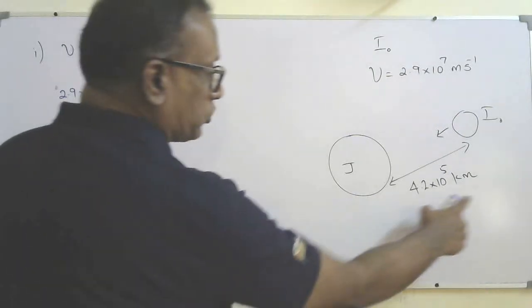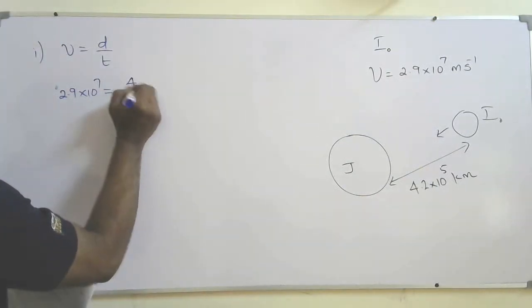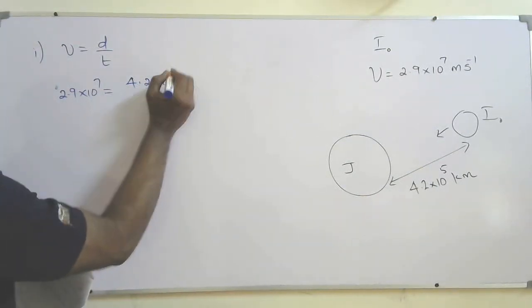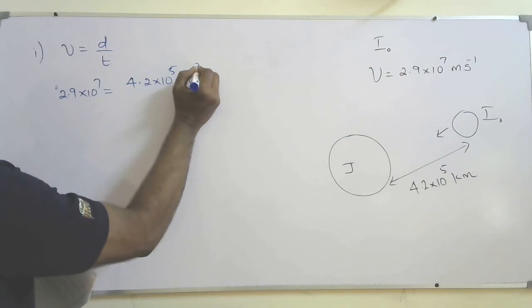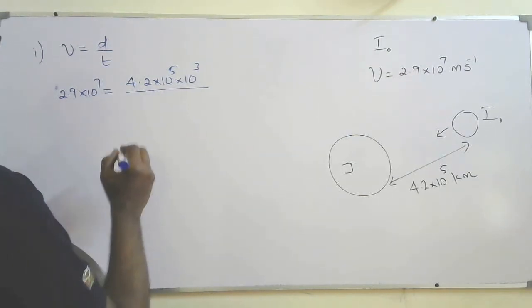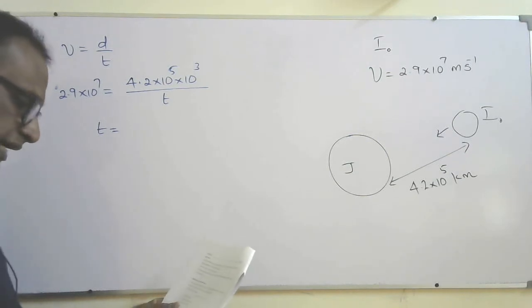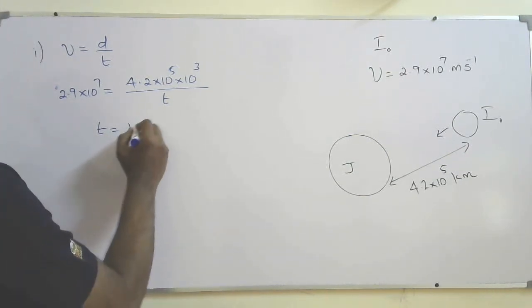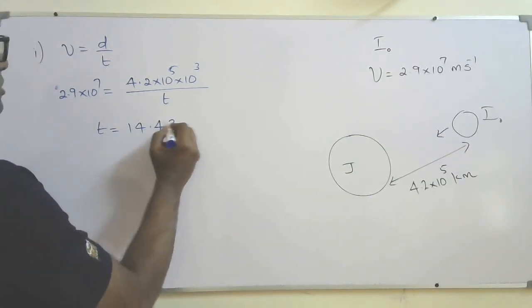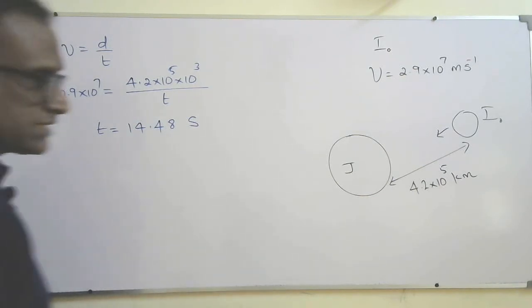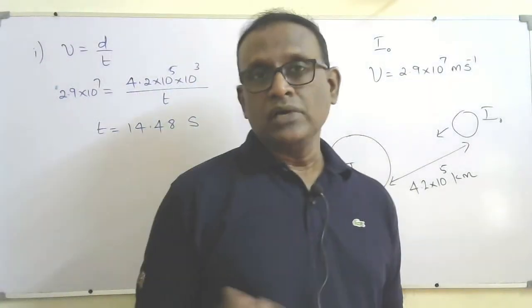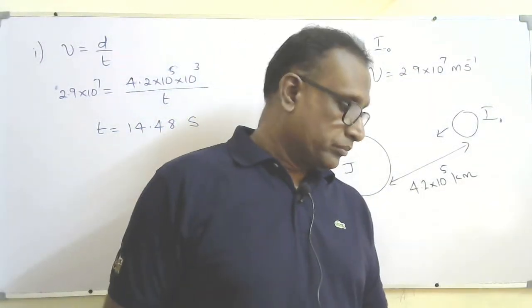Distance 4.2 into 10 to the power 5 kilometers. Convert to meter: 4.2 into 10 to the power 5 into 10 to the power 3, divided by t. So the time will be 14.48 seconds. That's the average time taken for the electrons to reach Jupiter from Io, the moon.